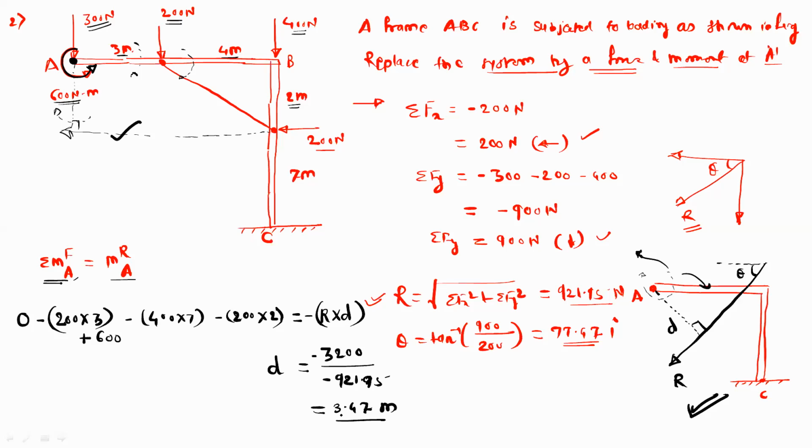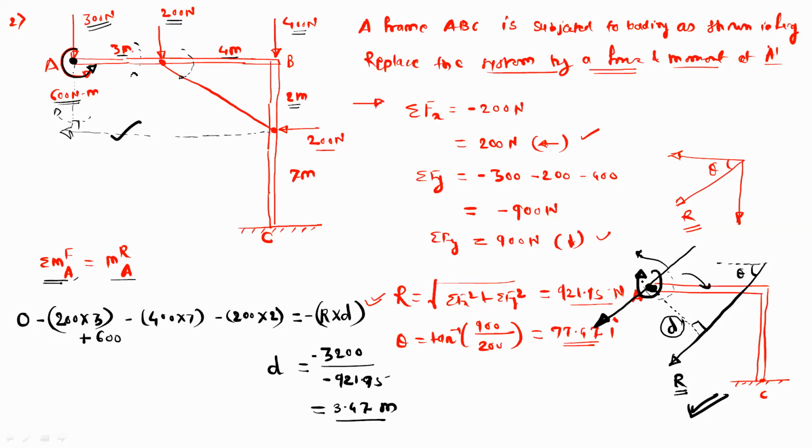So the distance D of the resultant is 3.47 meter. To convert the system into a single force and moment, shift this resultant to point A. So this is a single force acting at point A. Then show the couple or the moment at point A because of this resultant.